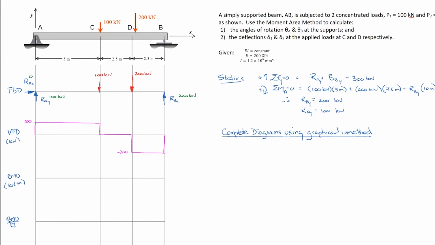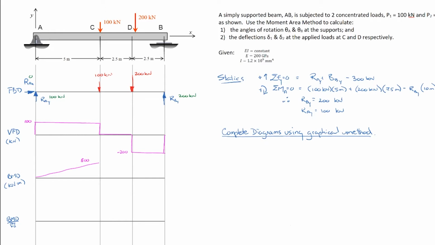Moving straight on to the bending moment diagram, of course, we have constant shear, which means we're going to have a constant positive slope to the bending moment diagram. And so that is going to go from 0 up to a positive value equal to the area under the curve. So 100 times 5 meters, so 500 kilonewton meters.